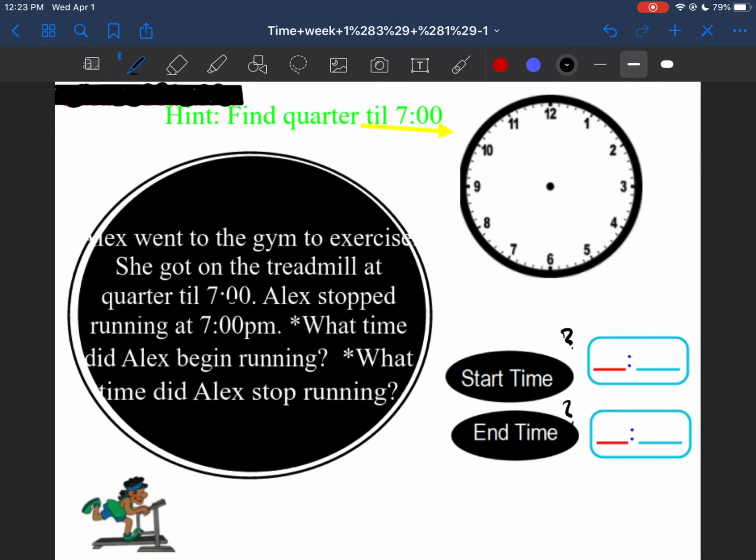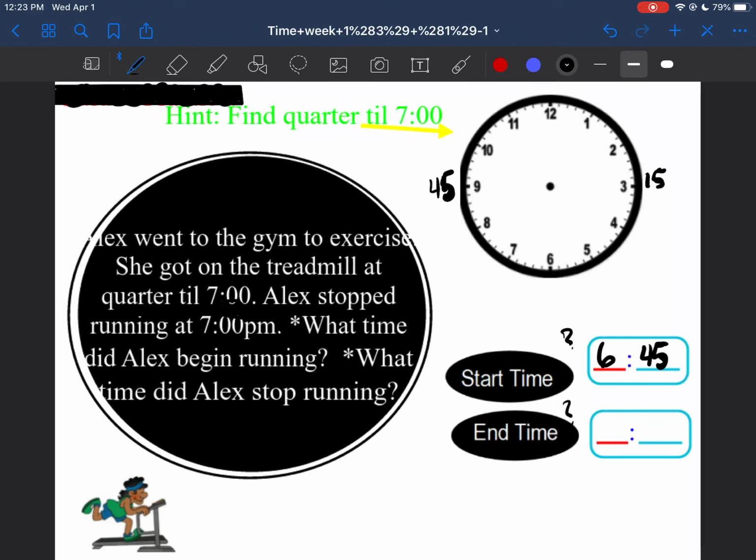Remember, it is not saying quarter after. Quarter after is 15. Quarter till is 45. So if it is a quarter till 7, that means it's 6:45. So a quarter till is 15 minutes in the hour before.